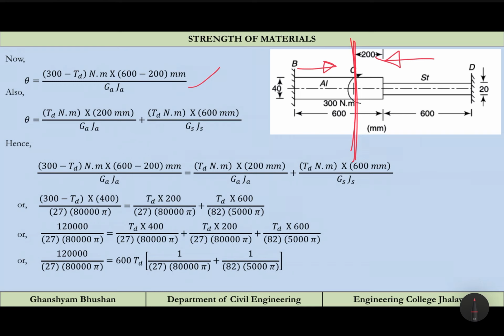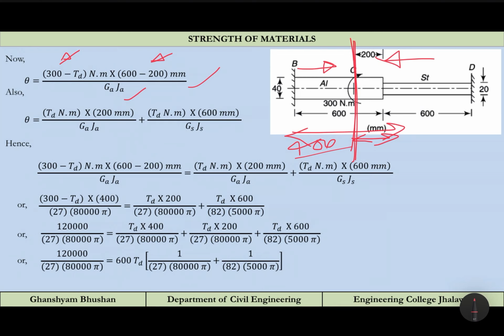So this is from the left hand side through the aluminum. You can see 300 minus TD is the torsional moment at point B. Throughout point B it will be the same. The distance is 600 minus 200, so you can see this was total 600 and we subtract this 200, so it will be 400, over GA into J, the properties of the aluminum bar.